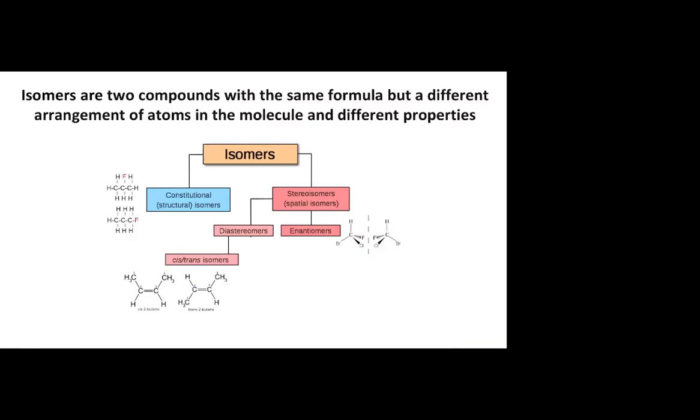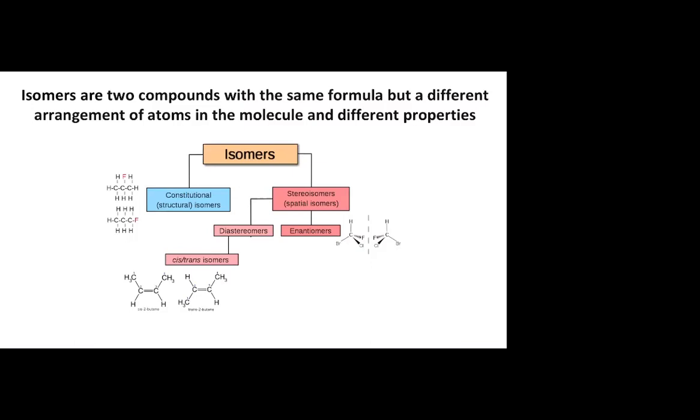Understand that there is a term that is utilized whenever we have molecules that share the same chemical formula, but they have different arrangement of atoms. And at times, since they have the different arrangement of atoms, then they're going to have different properties. Overall, that is known as an isomer. And when it comes to isomers, we're going to learn right now the different types of isomers that are out there.